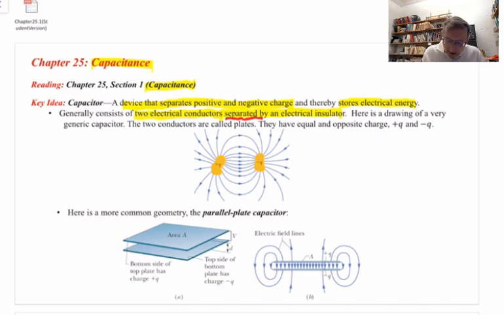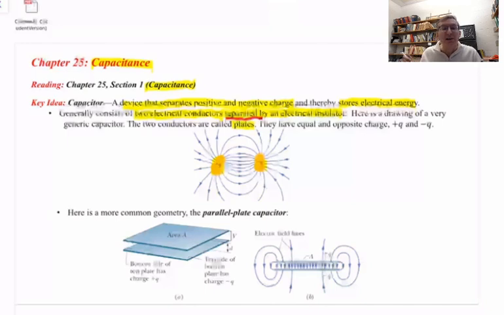One of them has an excess charge of plus Q, and the other has an equal but opposite amount of excess charge, negative Q. And when you have a device called a capacitor, the two conductors that are charged like this are called the plates of the capacitor. So there they are, plus Q and minus Q.